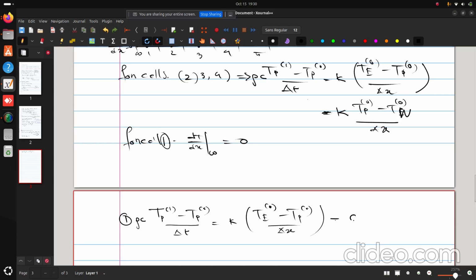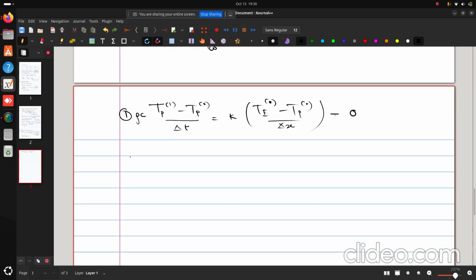And this term will become 0, right, because of the insulated boundary condition. What about the 5?